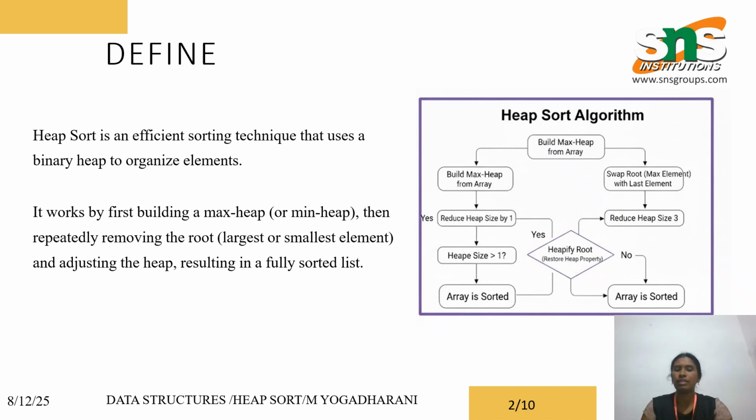So a binary heap maintains two properties, the structure property and the heap order property. Keep that in mind.